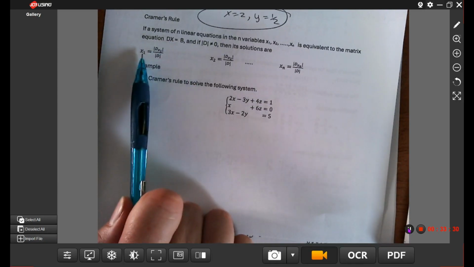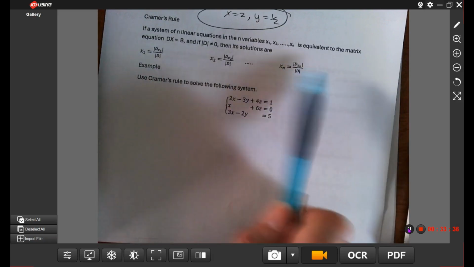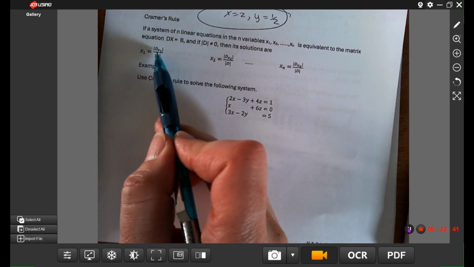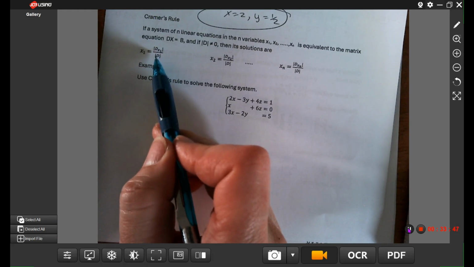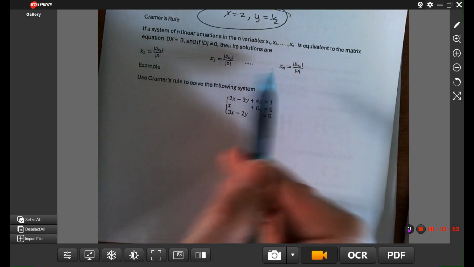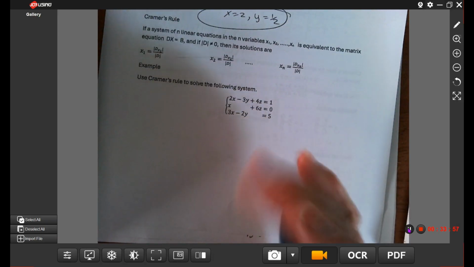So x sub 1 would be like x, and x sub 2 would be like y, and then as many as you have rows in the matrix. And the numerator is the determinant of that matrix where you replace that column with the solutions divided by the determinant of the left-hand side coefficients of the equation. So these are all the same. So we're going to do the same thing to solve this system.